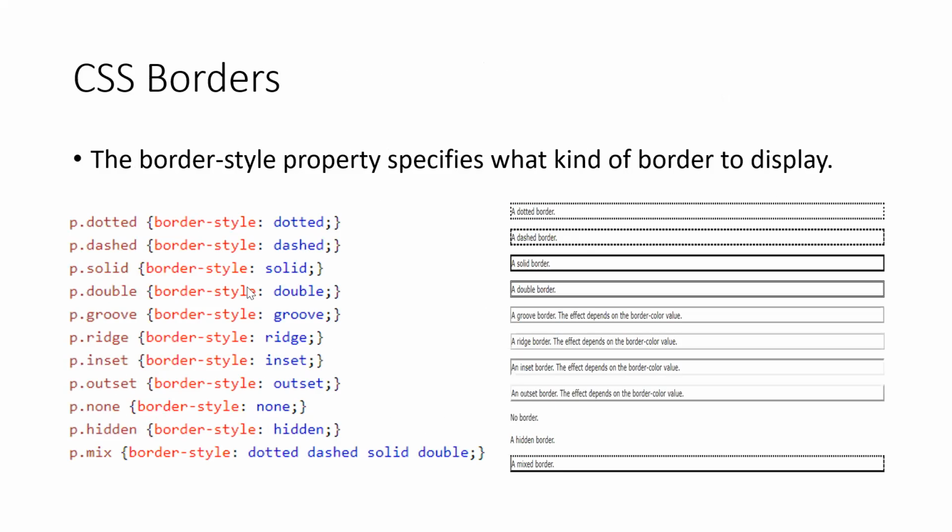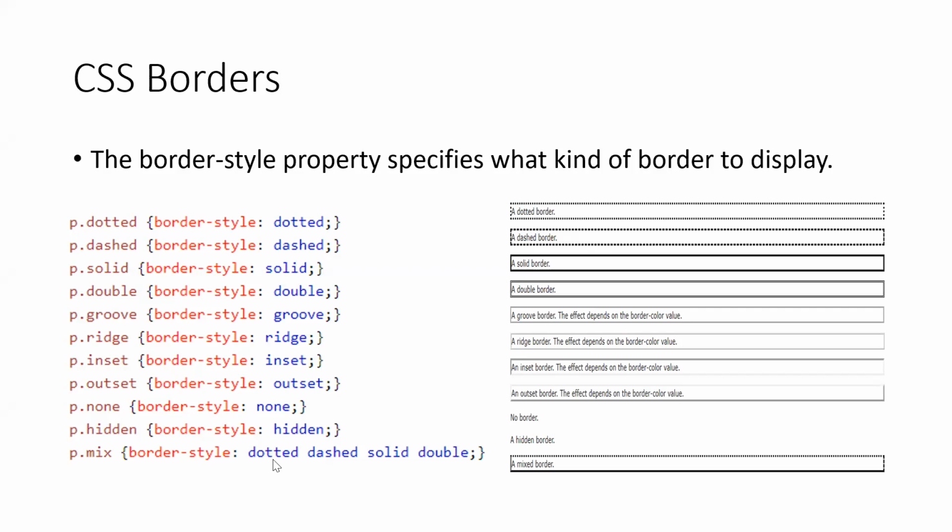The next is borders, which you have already seen. We have seen the solid border. Likewise, there are many border styles. You can have dotted, dashed, double, groove, ridge, inset, outset, and none, hidden, and you can also combine multiple things in the four sides.